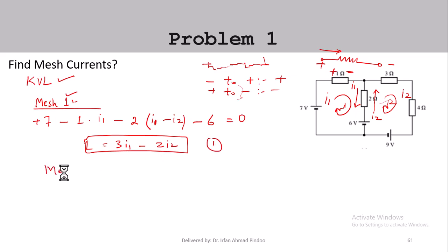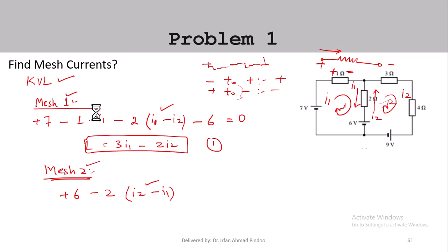Similarly, if we look at mesh number 2, you have to again apply the equation. So we can start from 6 volt, we will write plus 6 minus 2. Now because mesh 2 is the reference, I have to write here I2 minus I1. This is important in mesh analysis, how we write those currents which are common, like those resistor values where we have 2 currents.